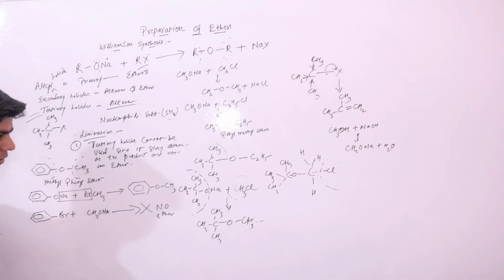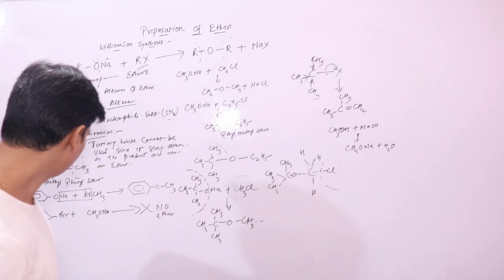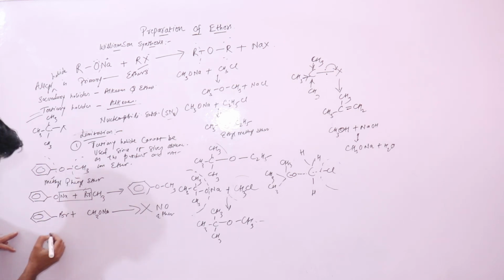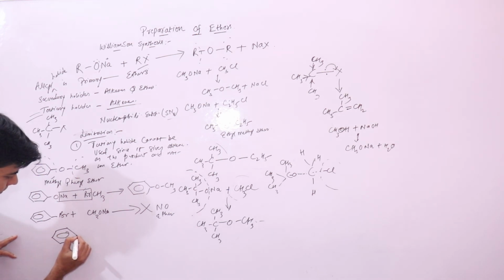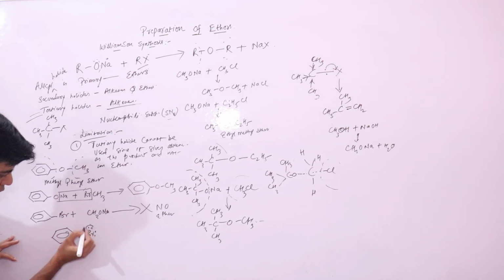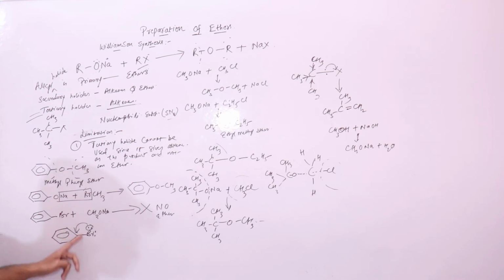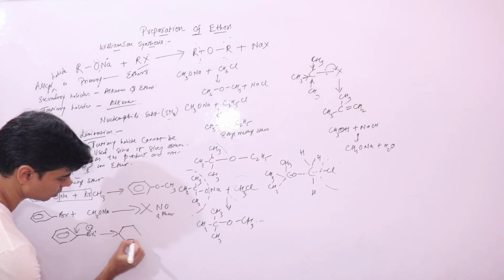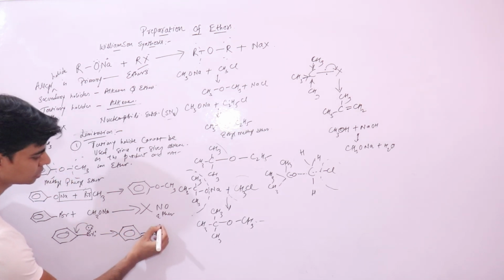Because if you remember, we have done this in haloalkanes and haloarenes, that this bond, since it has a lone pair, this lone pair will enter into the benzene ring, and it will enter into delocalization with the delocalized pi system of the benzene ring, forming this.